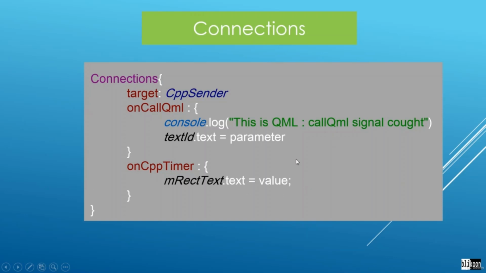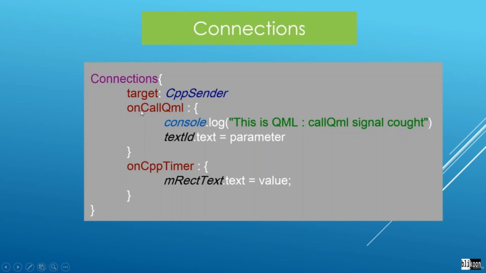And the syntax you see here is no different from what we saw in the last lecture. We are using a Connections QML element here. We are specifying the target, which is our CPP class that we are exposing using context properties. The signal we have in C++ can be captured in QML using this syntax here.